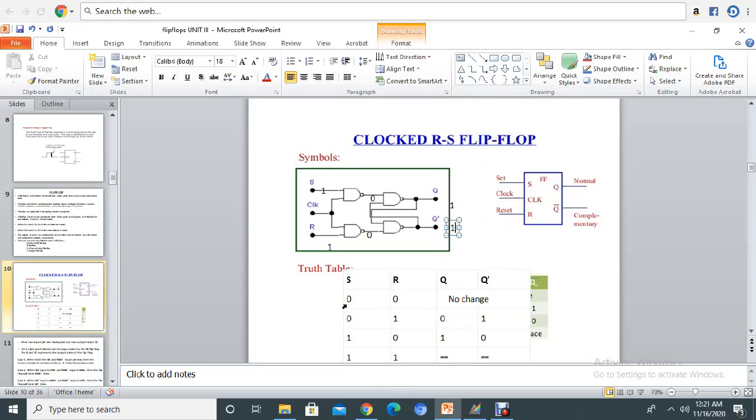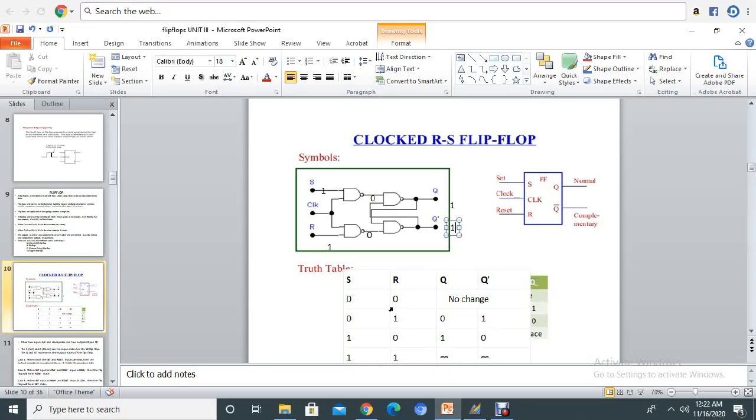When you apply S is equal to R is equal to 0, then no change in the output. If you apply S is equal to 1, R is equal to 1, you will get Q is equal to 1, Q bar is also 1. Q bar should be complement of Q, but in this case both are same. So this is the undefined state.